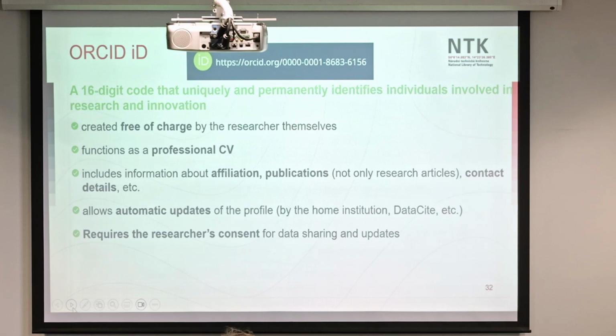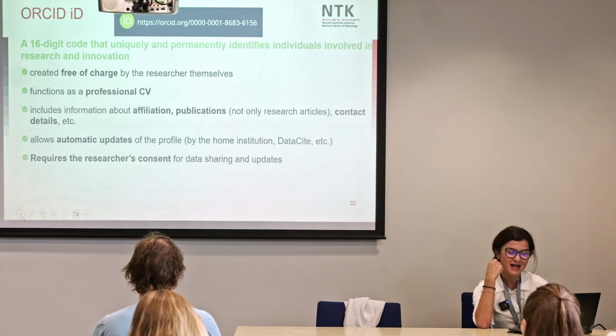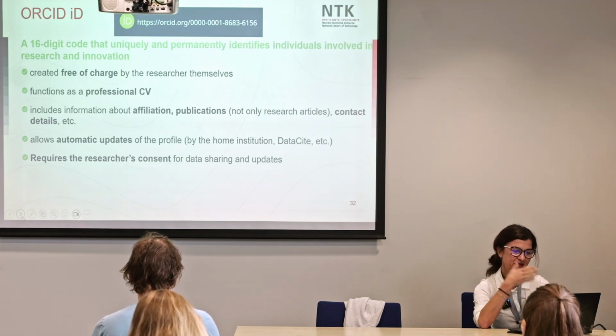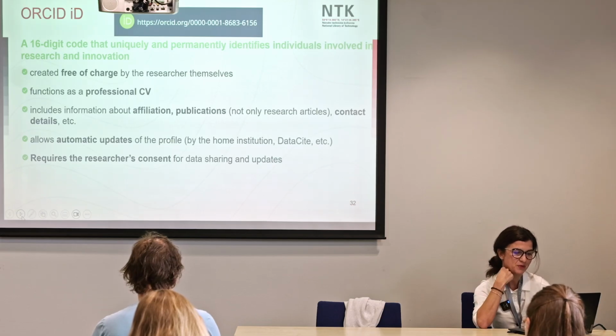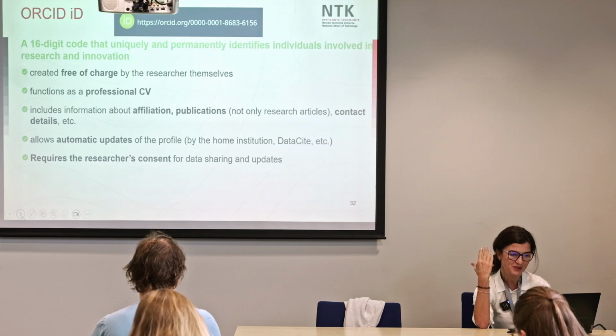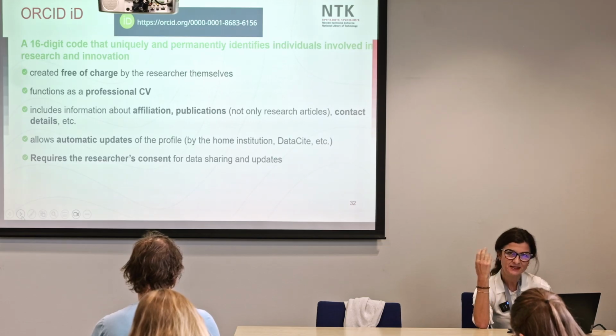So let me just briefly sum it up. So what is ORCID ID? It's a code, and it's a persistent identifier, as was already mentioned. And the thing is that it is created absolutely for free. It's something like your professional CV, and you can imagine it like your profile, which includes information about your affiliation, your publications, contact details, and so on.